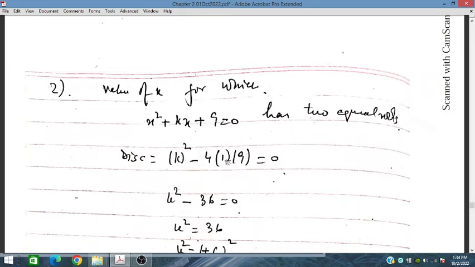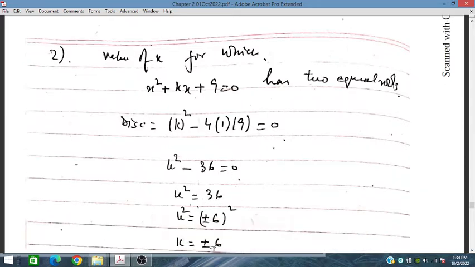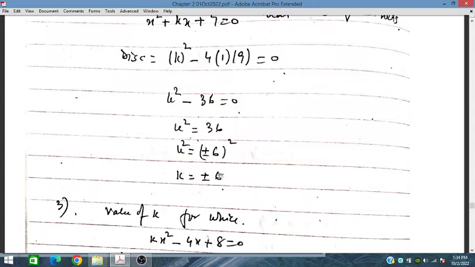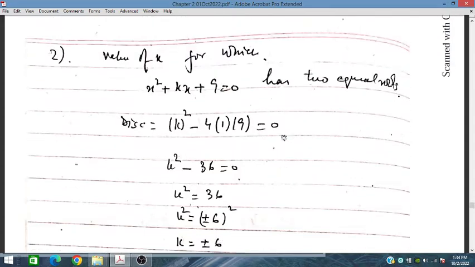So the discriminant is equal to 0, so k is equal to plus 6 or minus 6, which give two equal roots.